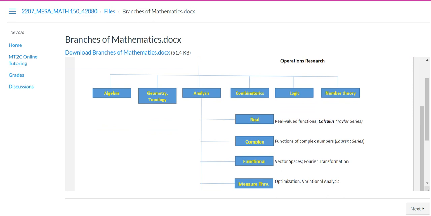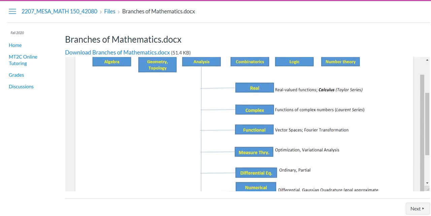Functional analysis involves things such as vector spaces and Fourier transforms. Measure theory involves optimization and variational analysis. Differential equations, which most likely will be the course that you will be taking in about maybe two to three semesters' time, divides into ordinary and partial differential equations. With partial, you have more than two variables.